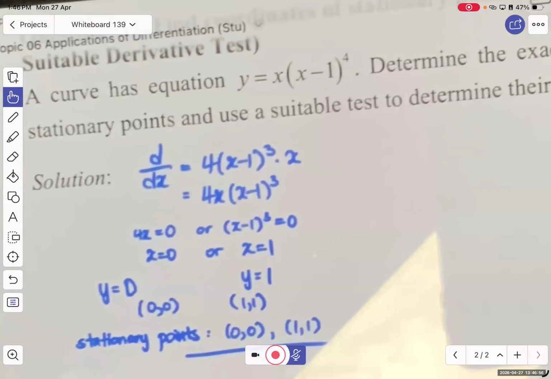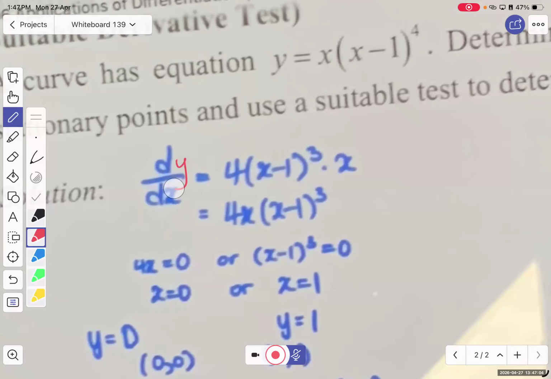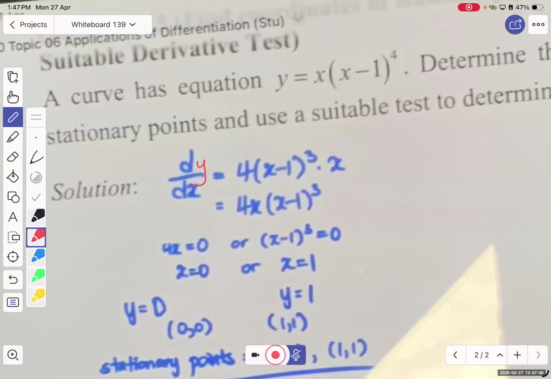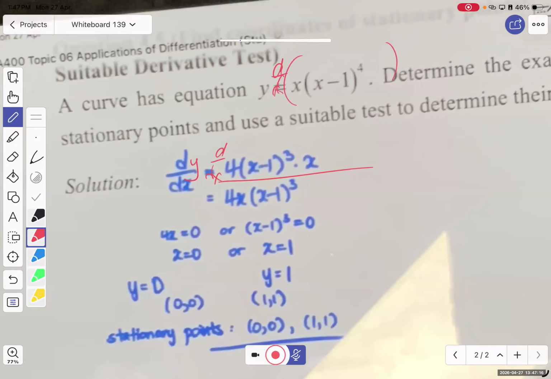Hey, wrong. First of all, this is not dx. dy/dx is a noun. d/dx is a verb, an action. dy/dx is differentiating this. Second of all, why wrong? You never use the product rule. Finish the product rule.